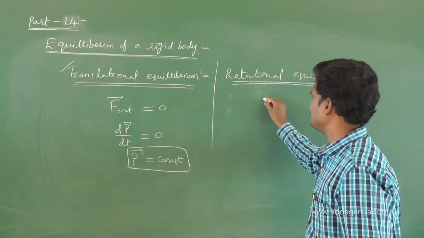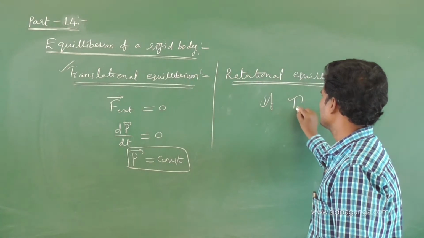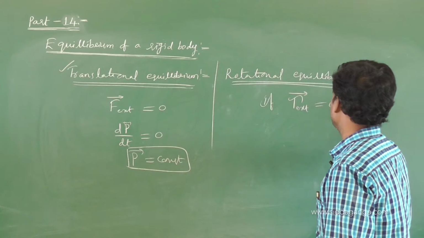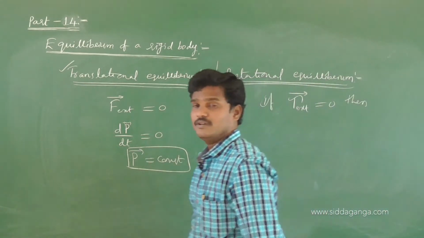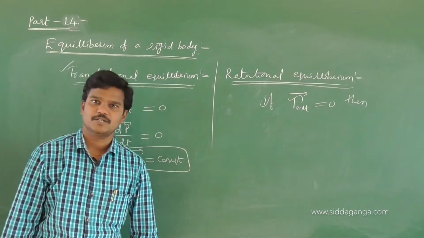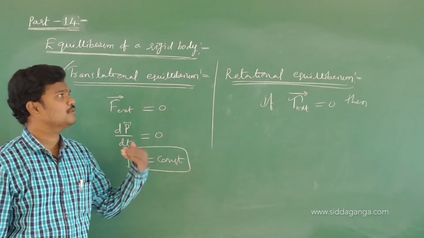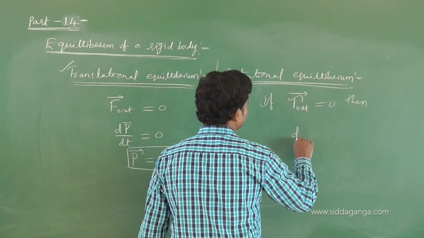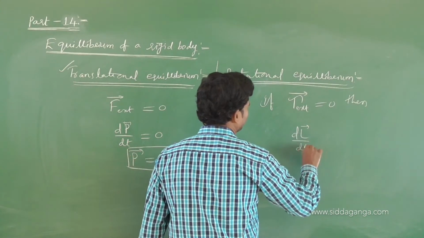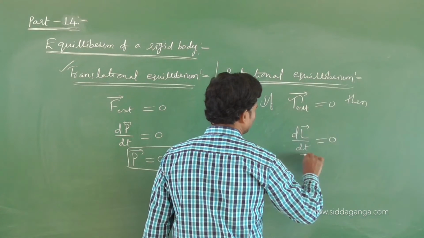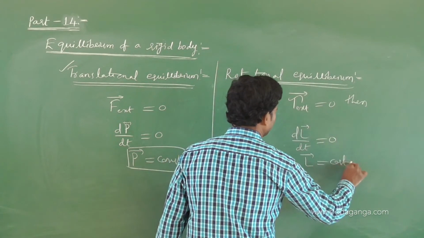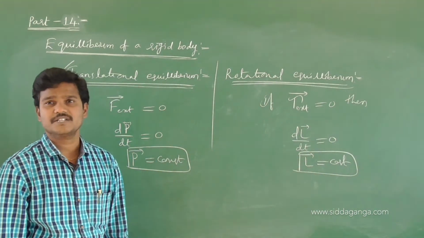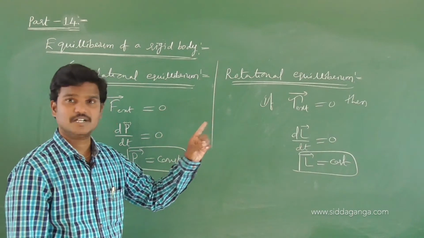So if tau external is 0, if the external torque acting on the rigid body is 0, then the rigid body is said to be in pure rotational equilibrium. Tau external we can write as dL bar by dt is equal to 0. Now L bar is equal to constant. So these are the conditions for translational equilibrium and rotational equilibrium.